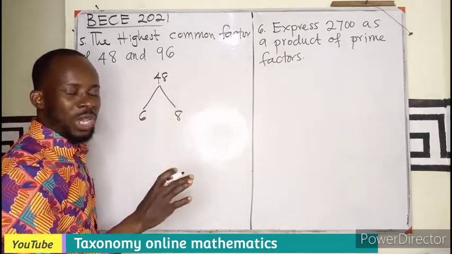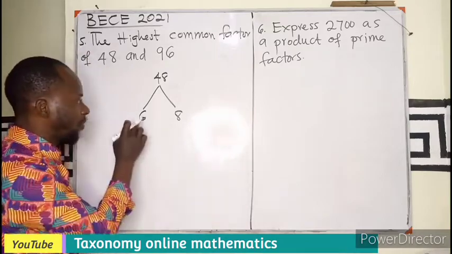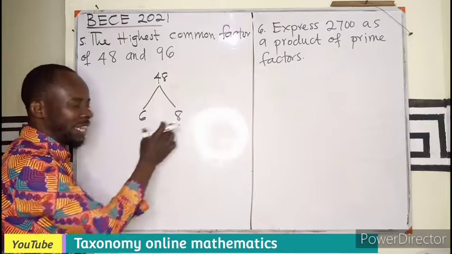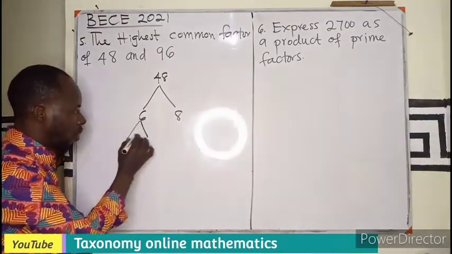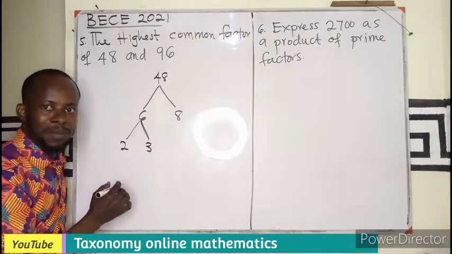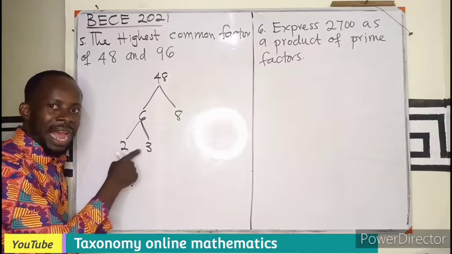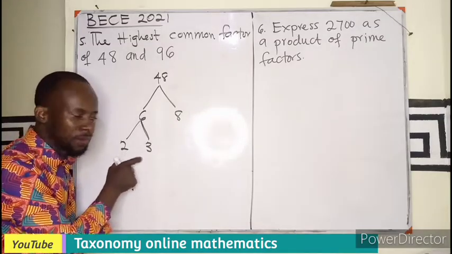Now in the factor tree, we are looking for the legs that are prime numbers. So I have to break down this and this to have prime factors. So the factors of 6 will be 2 and what? 3. And I can see that 2 and 3 are prime numbers. So this becomes the final leg of the factor tree.